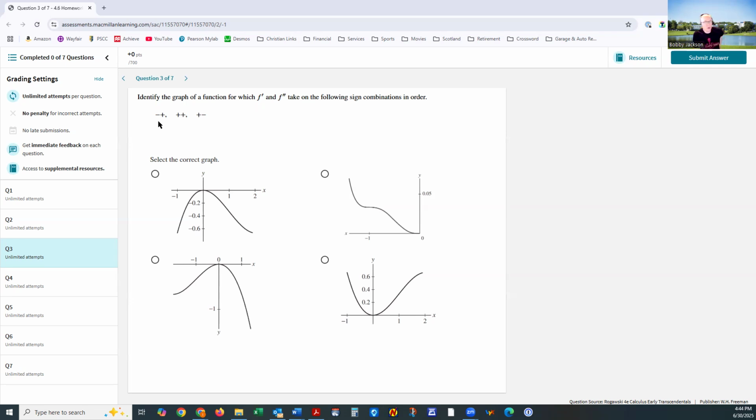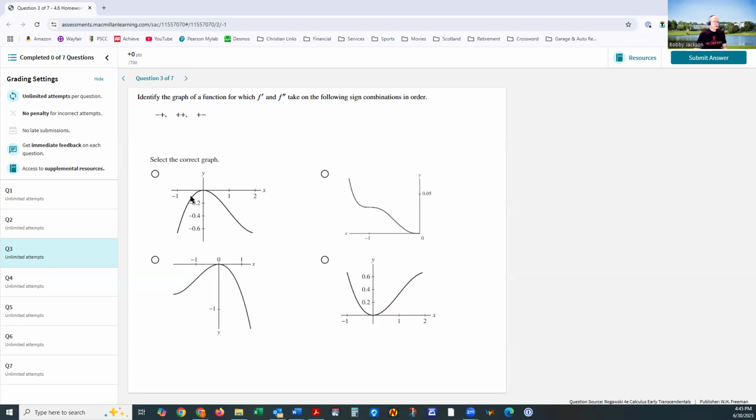I think we can rule out two of the graphs almost immediately with the first combination. So minus plus. That means initially moving from left to right, we must be first derivative negative. That means the function's decreasing. We've got to be going down. If I take a look at this first one up here, upper left here, it's increasing initially. So that can't be the correct sign combination, right?